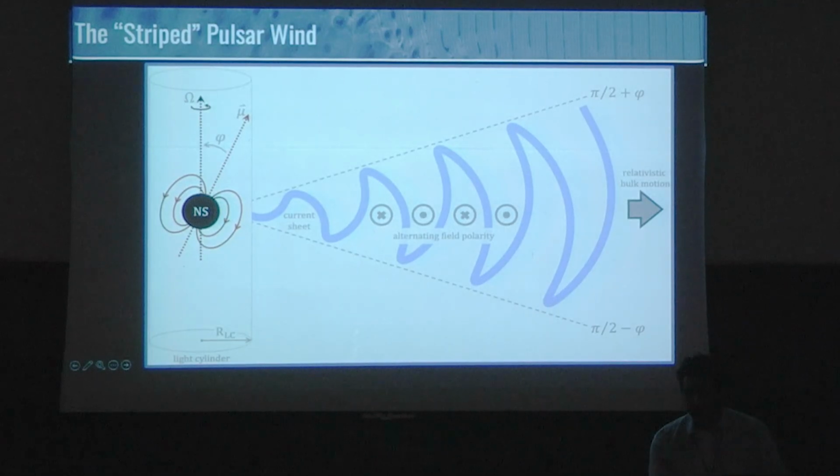And so you can imagine that if the magnetic axis was fully aligned with the spin axis, I wish I had a flashlight, but this water bottle will do. I'm spinning this water bottle, and the magnetic field is also oriented along this way.